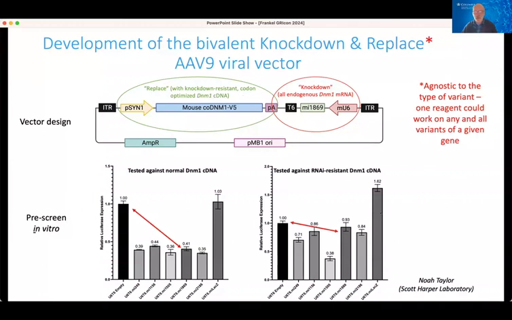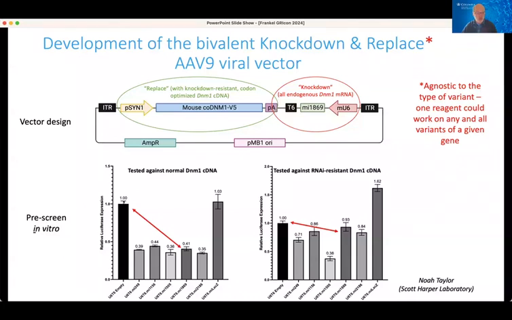And so you can see here this vector that was designed by Scott Harper in his lab is a single AAV that contains both genes. They're expressed each off of its own fairly ubiquitous promoter. So the microRNA is a shuttle that delivers the RNAi that knocks down DNM1. And the replacement is a full-length mouse codon-optimized, knockdown-resistant cDNA that goes off of the synapsin-1 promoter, which is expressed in all neurons.